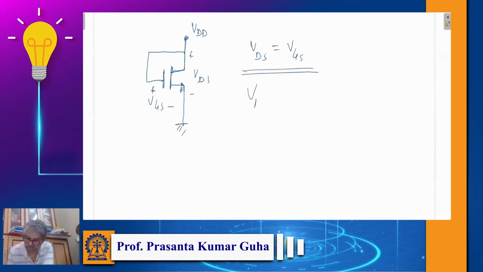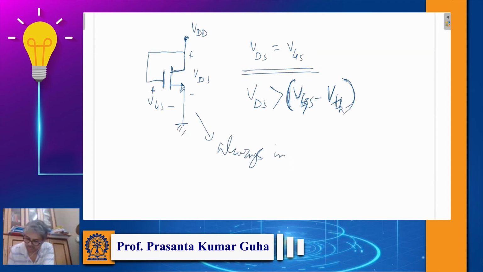In other words, VDS is greater than VGS minus VTH. As VDS is greater than VGS minus VTH, this transistor is always in saturation.